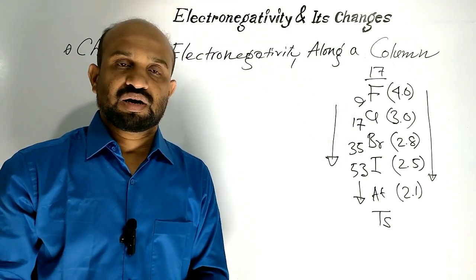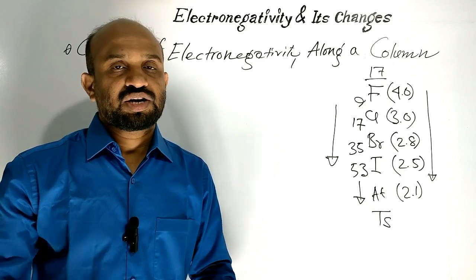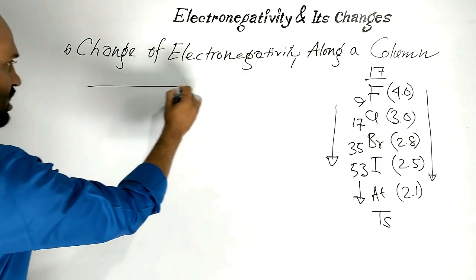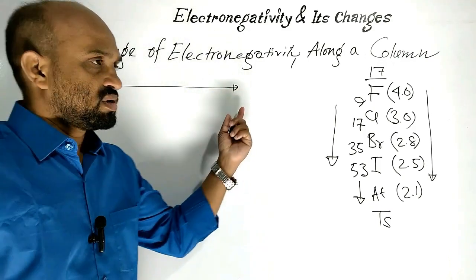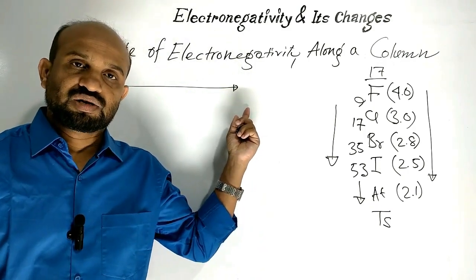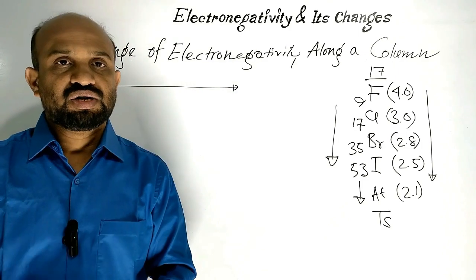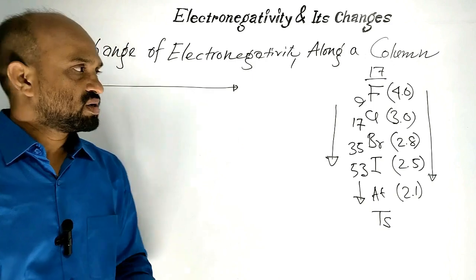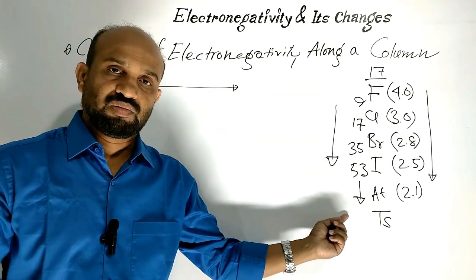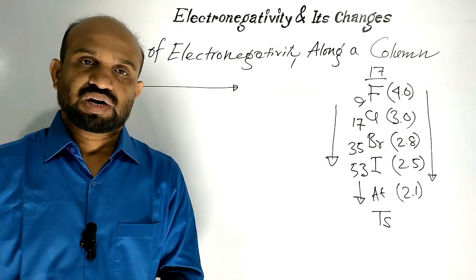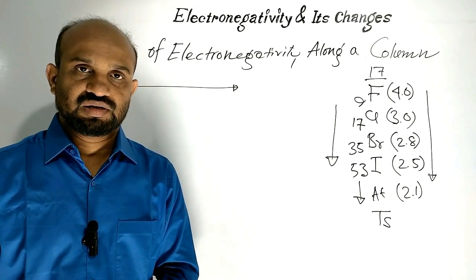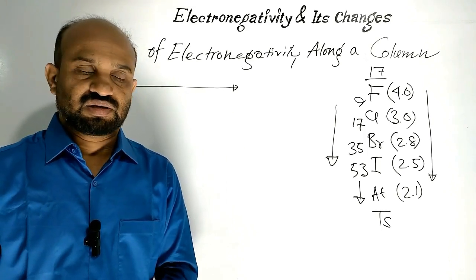But in the case of a column, electronegativity decreases. We have learned that along a period, with the increase of atomic number, effective nuclear charge increases and electronegativity increases. But along a column, with the increase of atomic number, electronegativity decreases. Why? Let's try to find the matter.